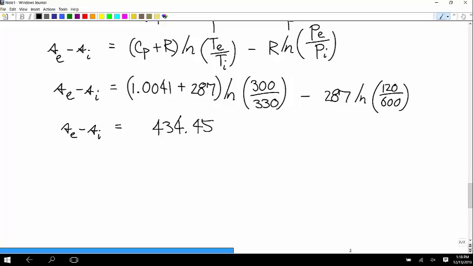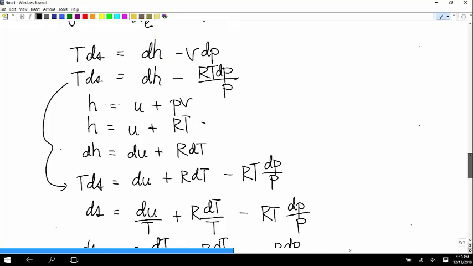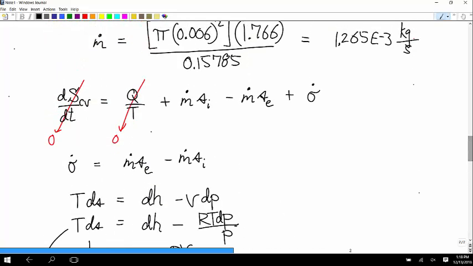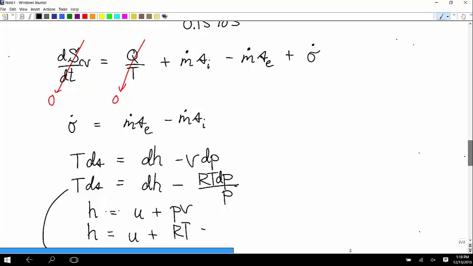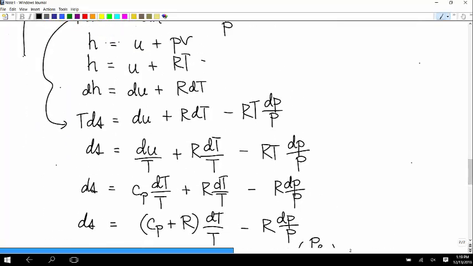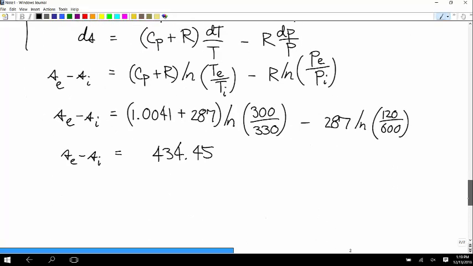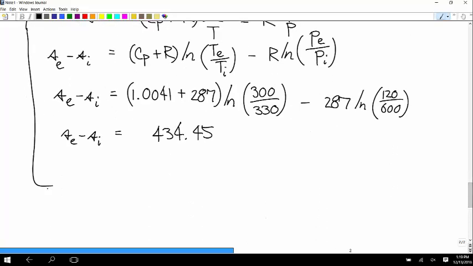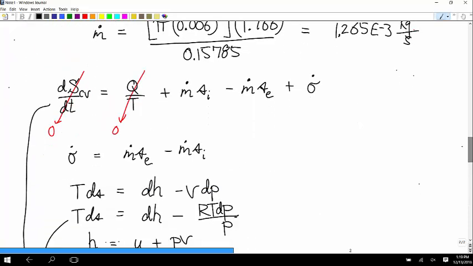434.45. Okay, so now we'll go back to this equation, and now we have everything we need. We have the mass flow rate. Let's do this one.